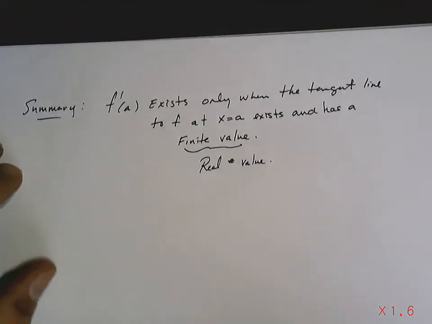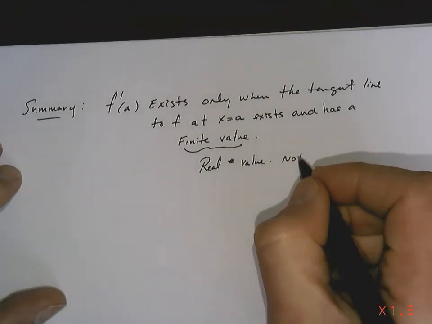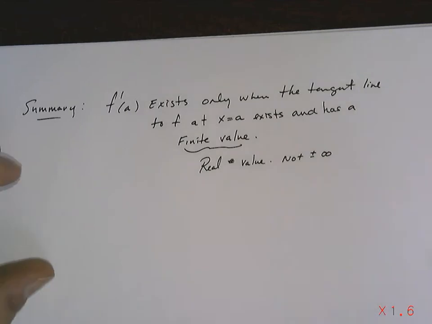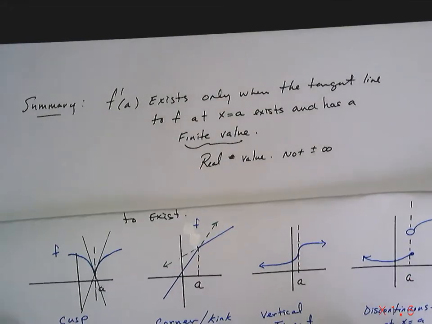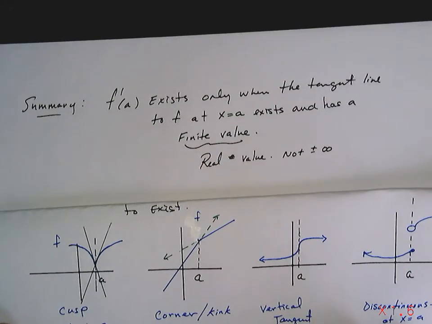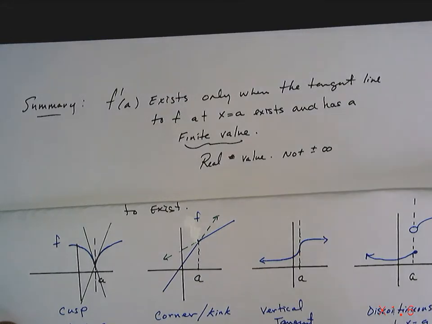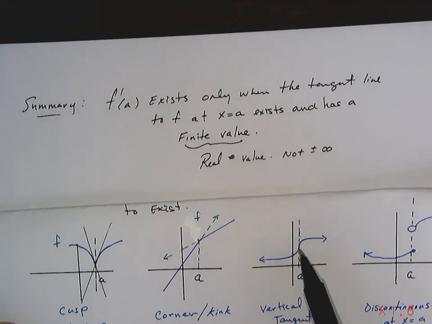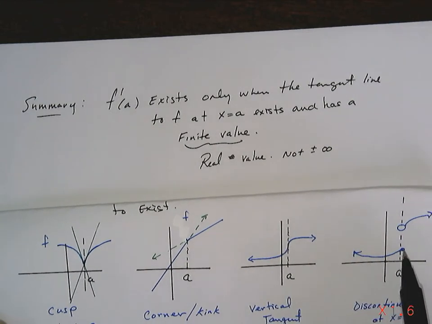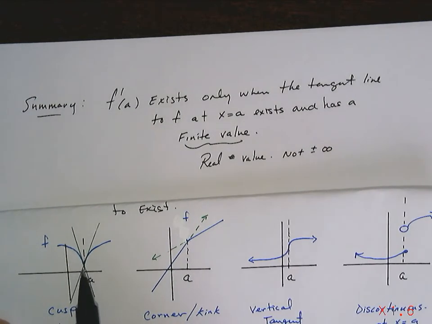Not infinity. So if we go back to the pictures that we had, you'll see that we have some problems creating that tangent line. We do have a tangent line here, but it's not a finite value. We can't get a tangent line simply here. We have problems creating this tangent line here, depending if I go from the left and the right, and the same issue here.